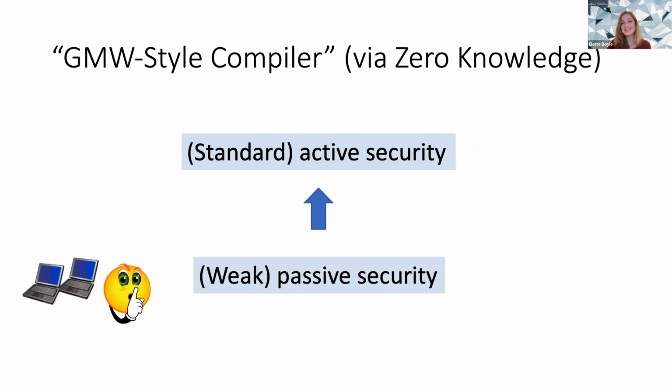Here you prove it's secure assuming that even the adversarial parties are following the protocol, and what they're doing to cheat is combining information together that they're not supposed to. So this is an easier goal to achieve.